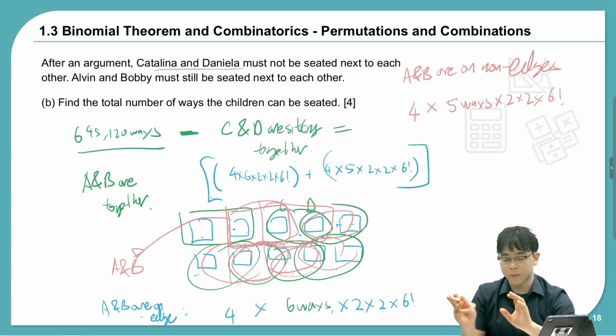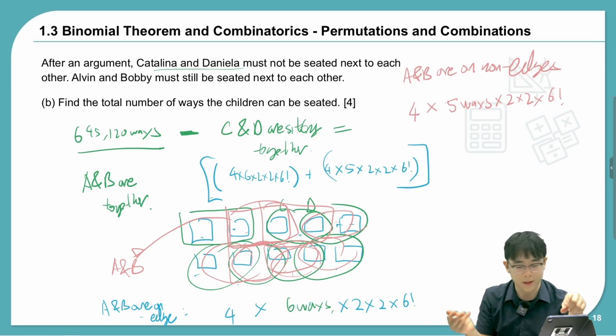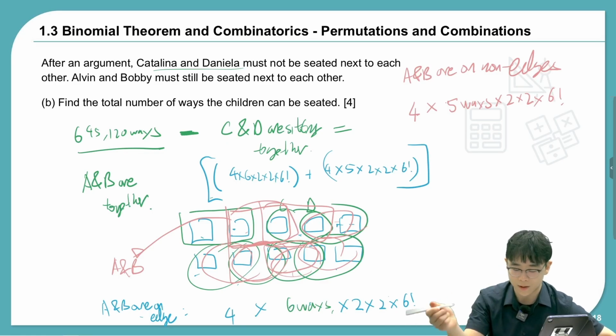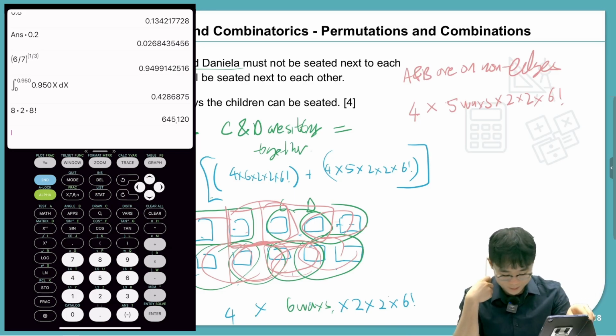So this would be the total number of cases where C and D are sitting together when A and B are also sitting together, right? So if you subtract all of this, that should give us the correct number of ways in which A and B are sitting together, but C and D are not. Okay, so it's like using complementary events to the max.